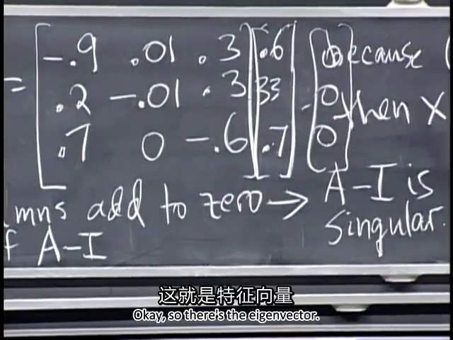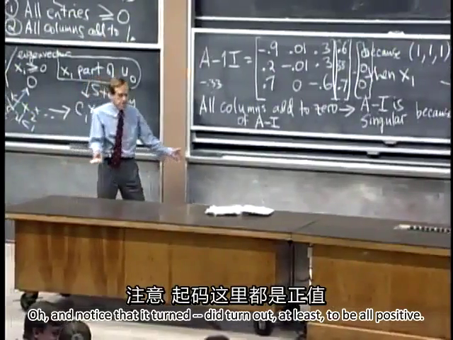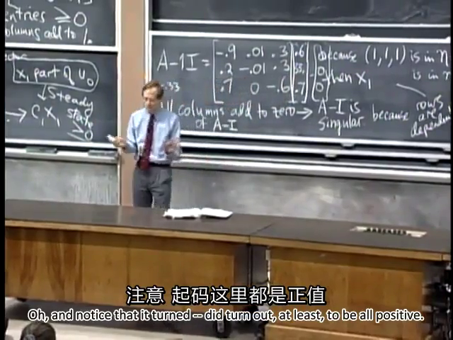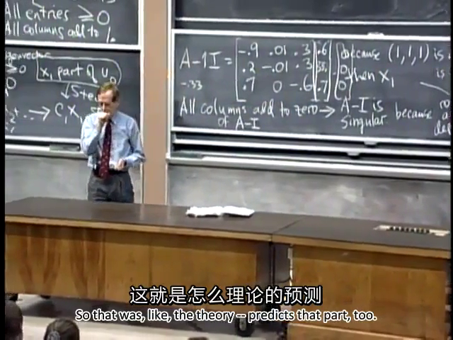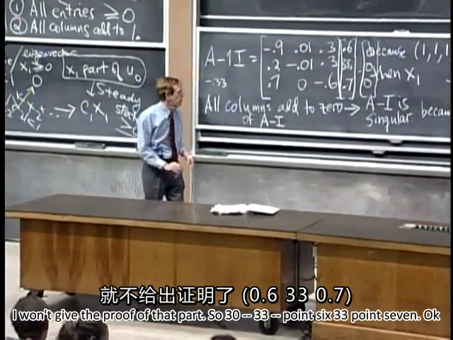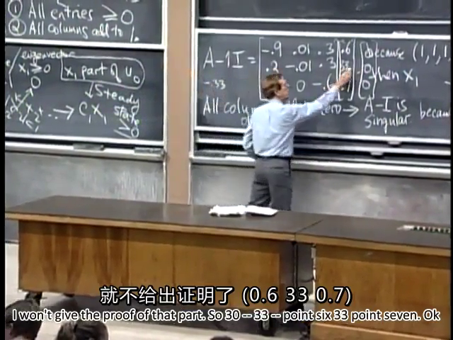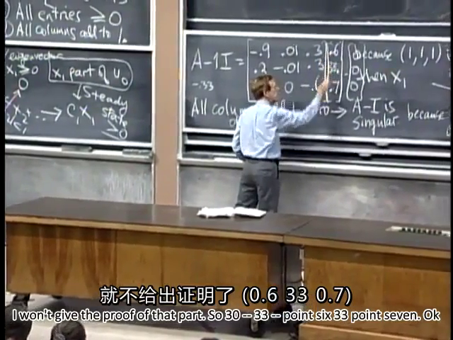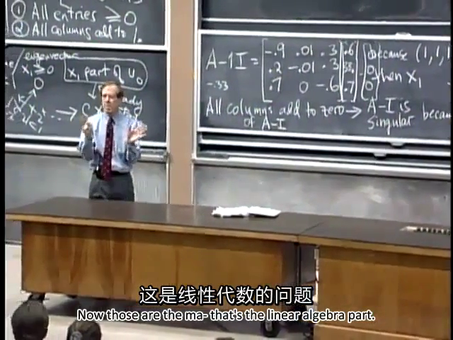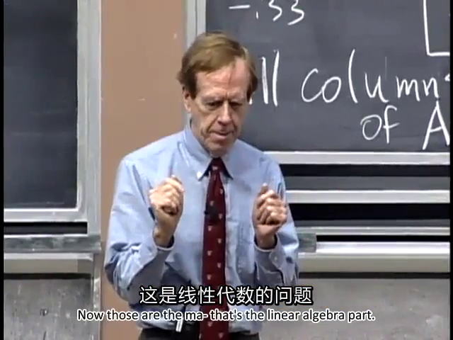OK, so there's the eigenvector. Oh, and notice that it did turn out, at least, to be all positive. So that was like the theory predicts that part, too. I won't give the proof of that part. So 33, 6, 7. OK, now that's the linear algebra part.